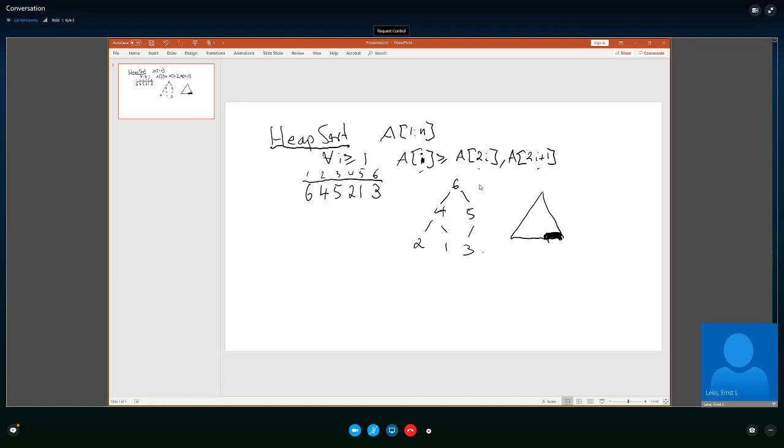5 does not have two children, it has only one child, and the other one is missing here, because a complete binary tree would have 7 elements. We have only 6, so obviously something has to be missing, and what is missing is something in this last right portion of the last row.